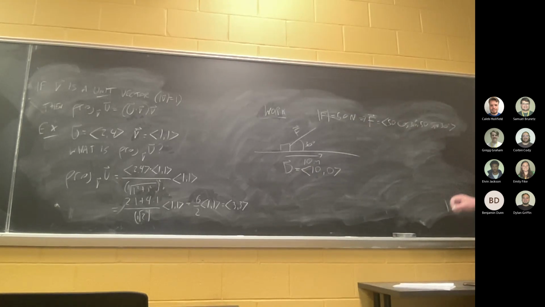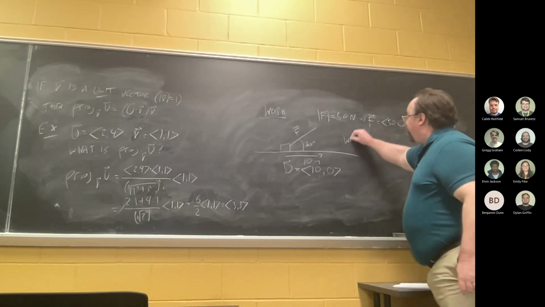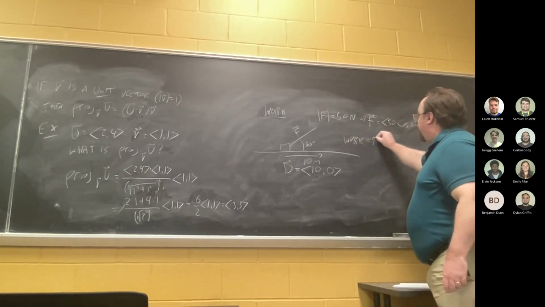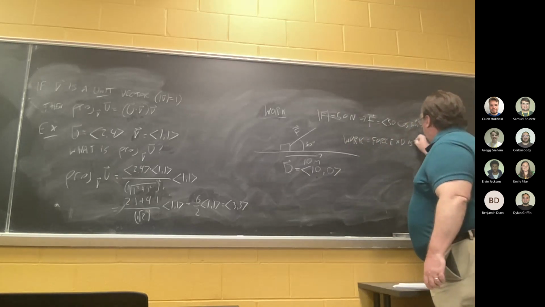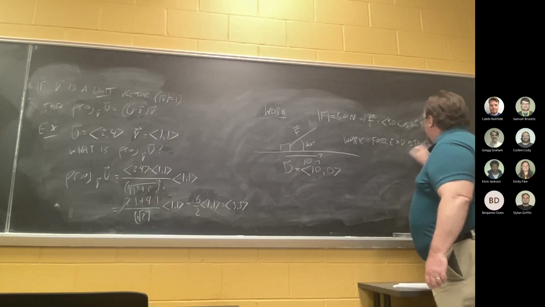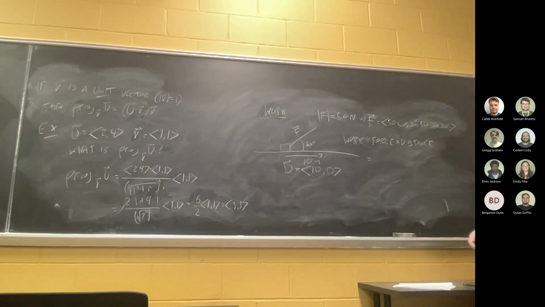So if I wanted to work using the simple formula of force times distance, well, because the box is moving horizontally, I have to use the horizontal component of the force.